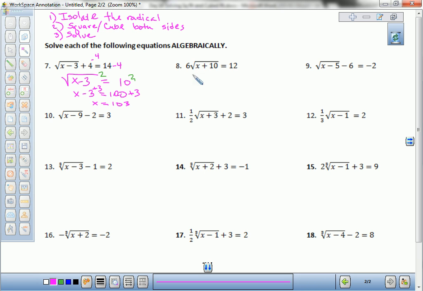Alright, so on number 8, what do we have to do to isolate the radical? Divide by 6. So now I have x plus 10 equals 2. So this is doable. It's a square root equal to a positive, so we can do it. So how do I undo the square root? You square both sides.